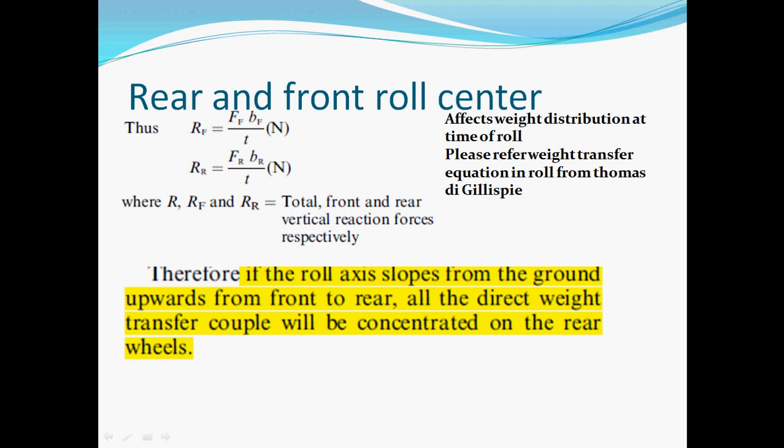Just ensure that everything is right by applying this weight distribution formula. Why do I say that you should apply the weight distribution? Because suppose when the car is moving in a straight line, the weight distribution is 60 in the rear and 40 in the front. Now at the time of cornering, if some drastic change in this weight distribution happens, then it's not good. So by doing the weight calculation you will ensure that no drastic change has happened.